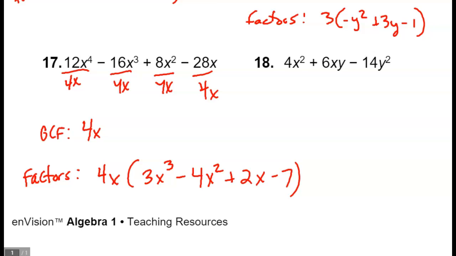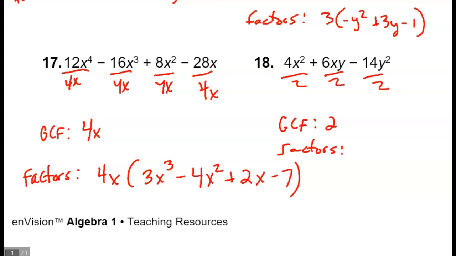Last one. My GCF on this one is a little bit tricky because you have to watch it. There are no x's over here, and there are no y's over here. So the only thing you can really factor out is a 2. And then my factors. So this one's a quick problem.